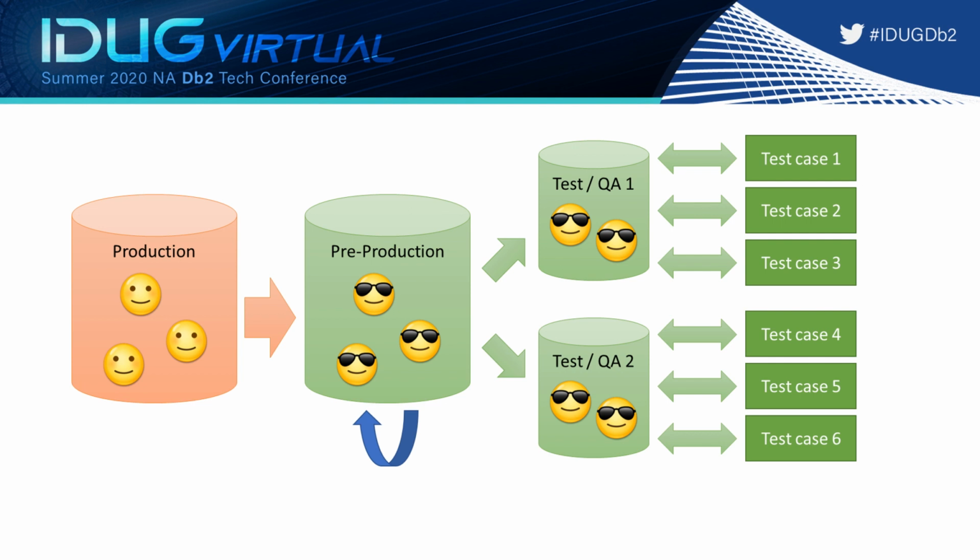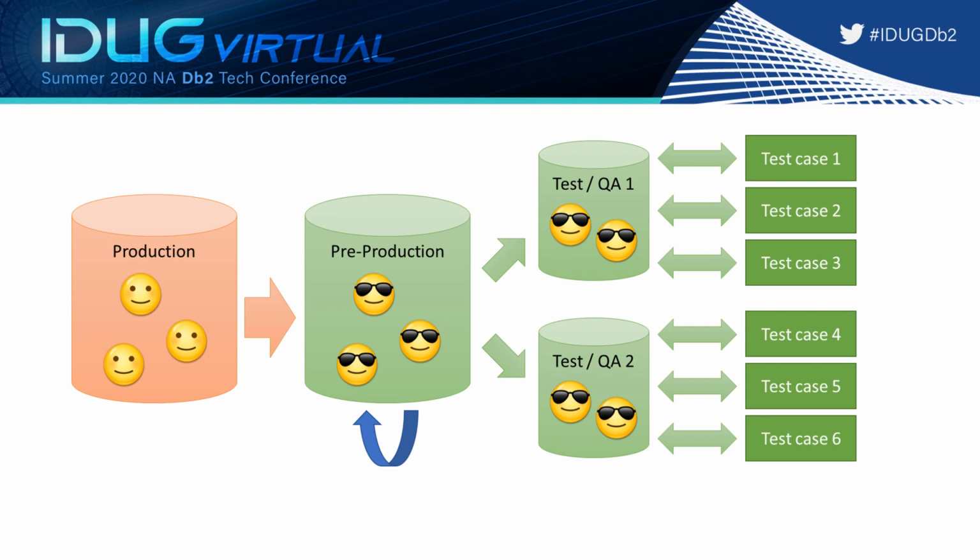After masking the pre-production, we get this picture. The pre-production now contains masked data, which is great because now we don't have to worry about data masking when we grab data from the pre-production and copy it into our test environments. The green arrows represent straight copies of masked data from one environment into another.